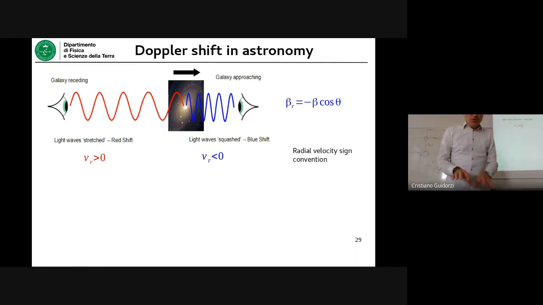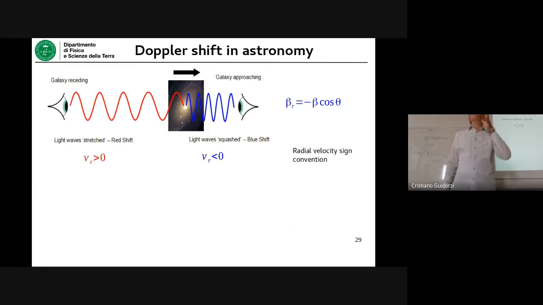So this is worth spending a few words about conventions. Typically, in astronomy, through the Doppler effect, you can measure the projection of the velocity onto the line of sight, of course, because that's what comes into play in the Doppler factor itself. In particular, if I call beta r the radial component of the velocity, by radial I mean the projection of the velocity onto the line of sight.